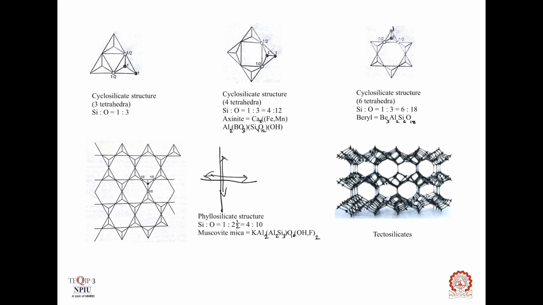One thing we should know here is, in all silicate structures, the unshared oxygen atoms of the tetrahedron are shown as small filled circles, and shared oxygen atoms are shown as small empty circles. So this was all about the structures associated with silicate minerals.